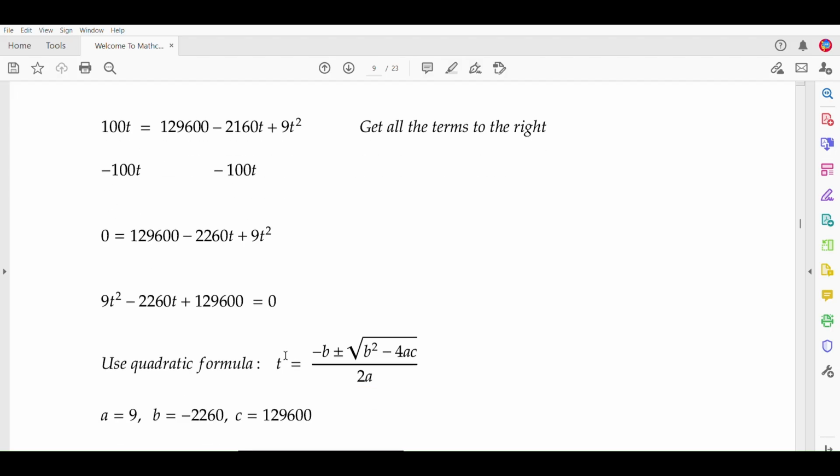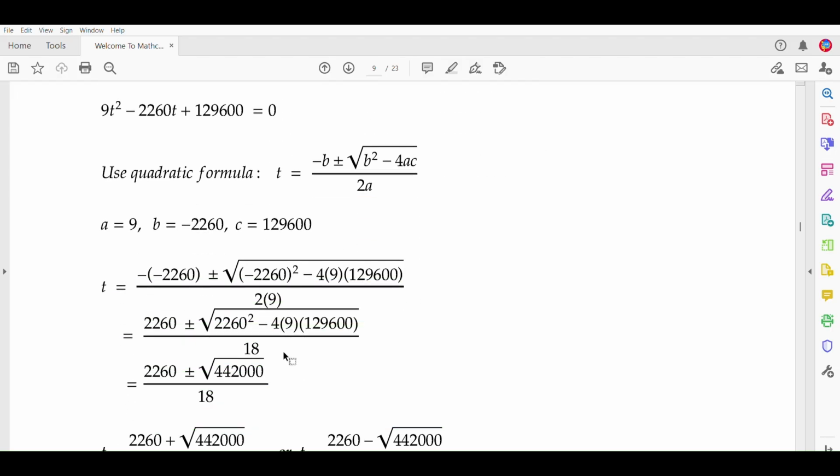Now we are ready to use the quadratic formula. Minus b plus or minus the square root of b squared minus 4ac, the whole over 2a. A is 9. B is negative 2260. C is, what is this? 129,600.